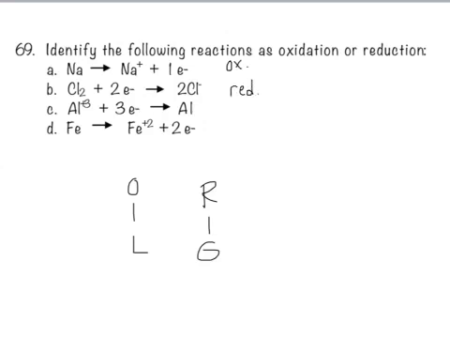Aluminum, once again, you have aluminum ions gaining 3 electrons to form aluminum metal. This would be another reduction. And then here you have iron turning into iron 2 ions and 2 electrons, so the iron is losing electrons. This is an oxidation.